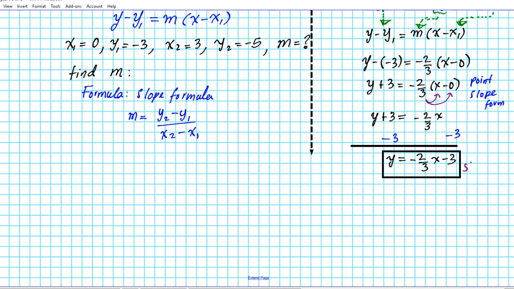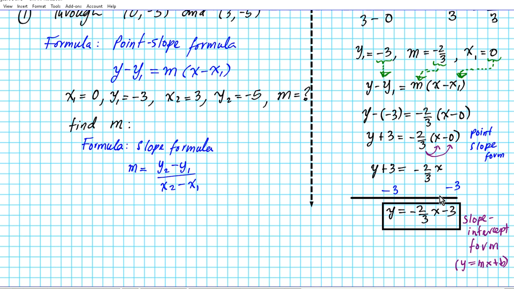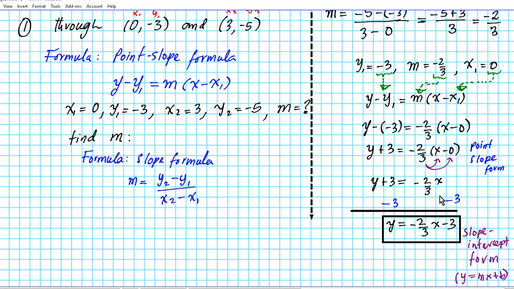This is a slope intercept form. We know it's a slope intercept form because the slope intercept form is given by y equals mx plus b. So this is basically how you find the slope intercept form of a line given 2 points.